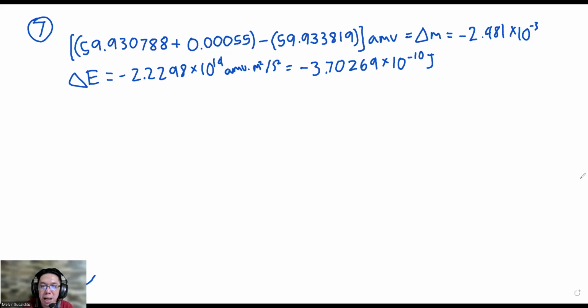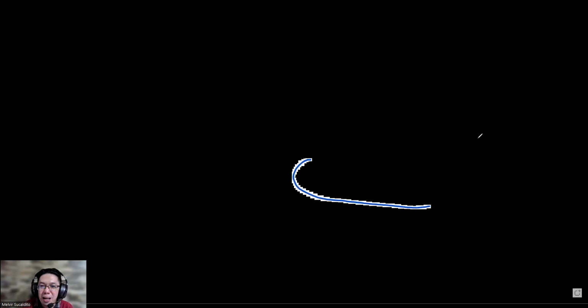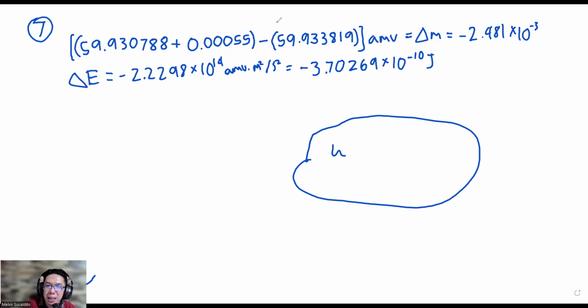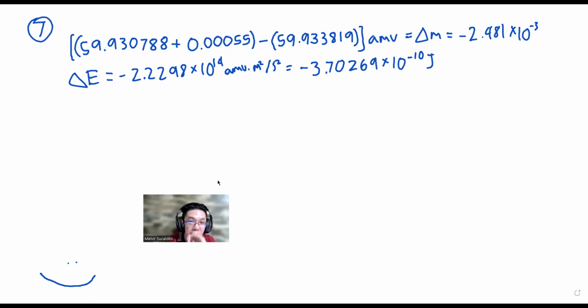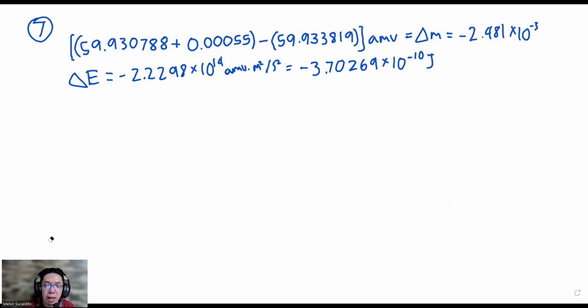Okay, so your delta mass is negative 2.481 times 10 to the negative 3 amu. Correct? Tapos tinimes mo sa 3 times 10 to the 8 meters per second. Correct?